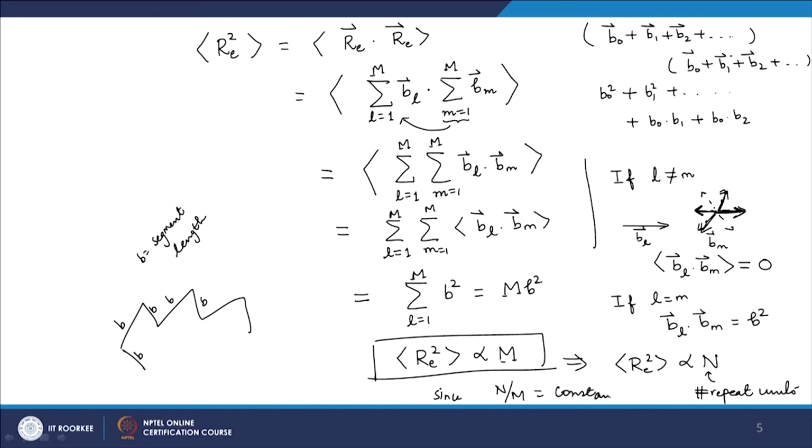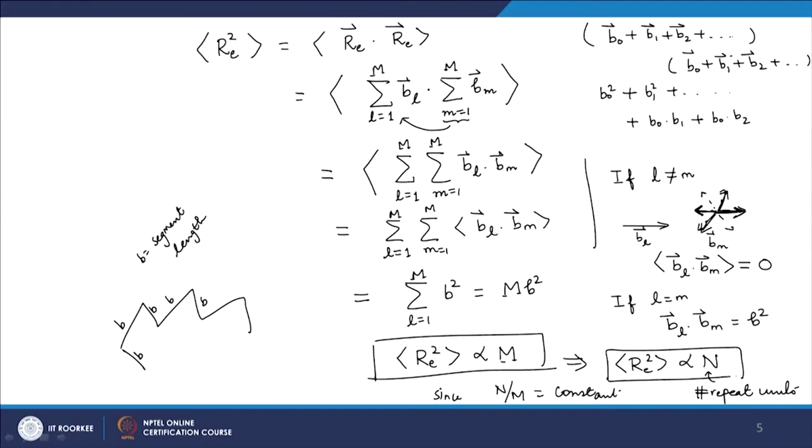Okay, so we don't really care how many repeat units I use to represent a segment. The key message is that the average of the mean square displacement is proportional to the number of segments, and since we are representing many repeat units by one segment, the mean square displacement averaged should also be proportional to N, which is the ideal chain behavior I have hinted to you in the earlier classes.